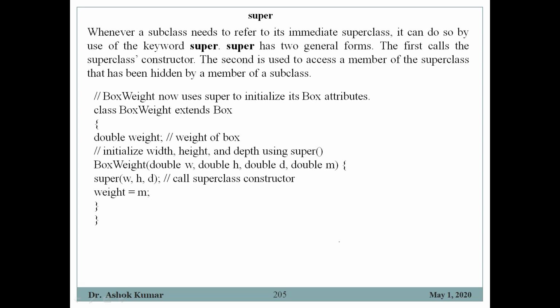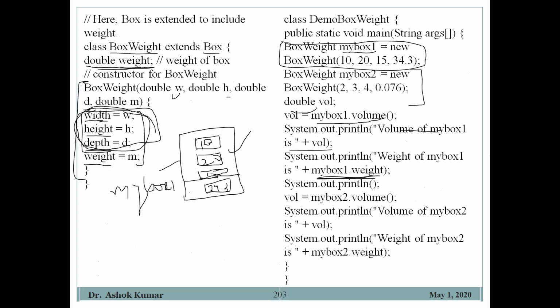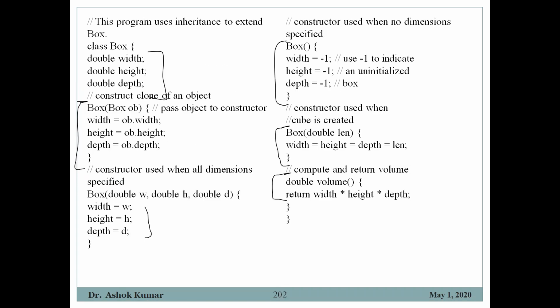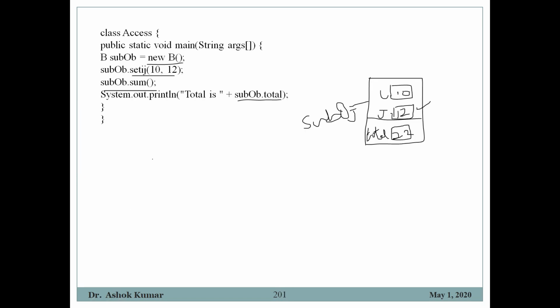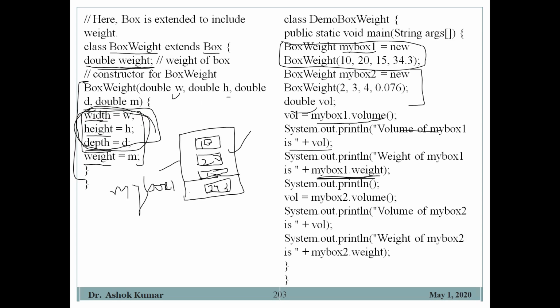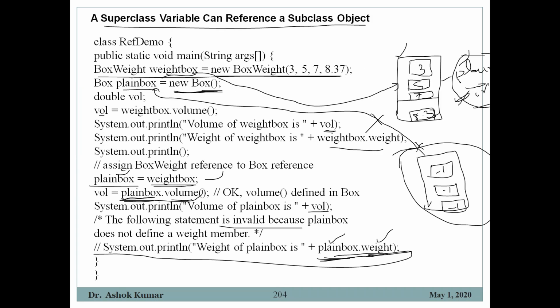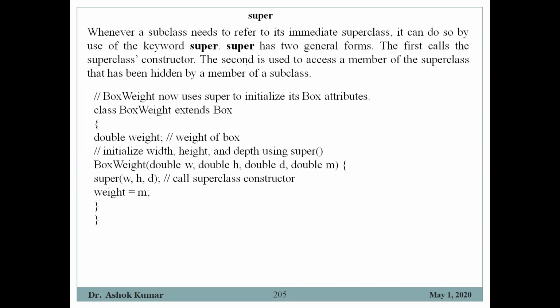As I have shown you in the previous example, width, depth and height code we have written in the constructor of the subclass, but this code is available in the superclass as well, over here in the form of a constructor. So it's better if instead of writing the code again over here in the subclass, we call the superclass constructor. How we can do that, we are going to discuss with the keyword super.